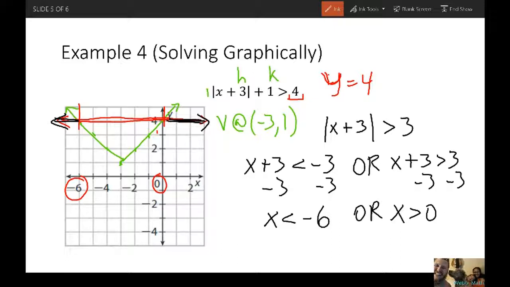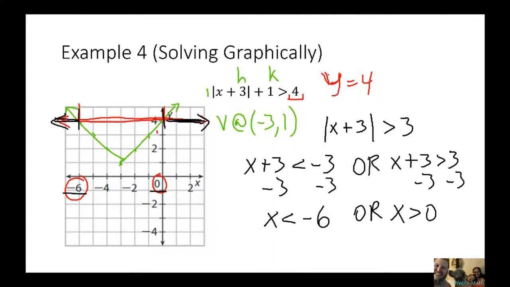And that's basically because your intersections, again, they intersect at these two points when x is negative 6 or 0. But since it's inequalities, it's anything that's less than negative 6 or greater than 0. And that's how you would solve it graphically. Algebraically, it shows it a little bit more clean, okay, especially with that whole inequality aspect.